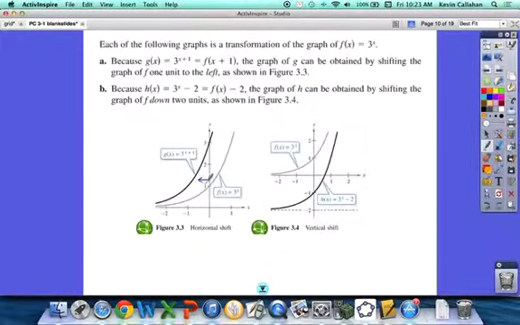So it takes this graph, and every point on this graph is 1 to the left of the point on that. By moving it to the left, did it change the domain? Domain is still all reals, unchanged.